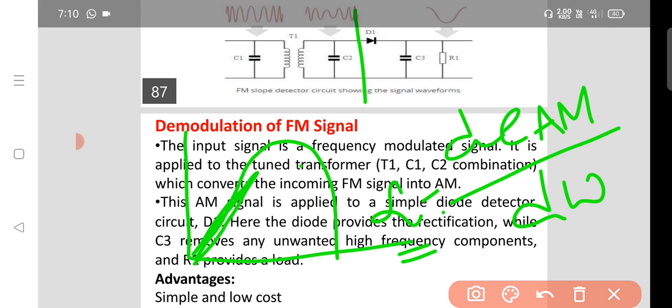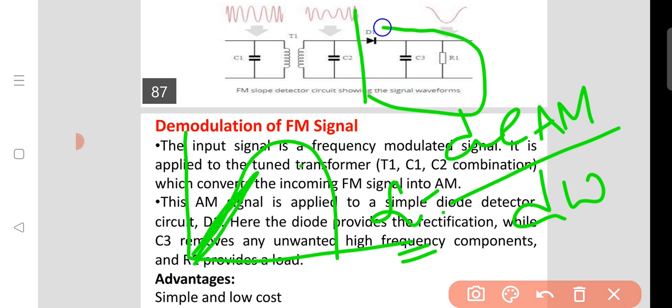Then this signal is fed through the envelope detector. There is no need to explain this; you already discussed the envelope detector. Here the signal is AM, and then the output is just like the message signal.